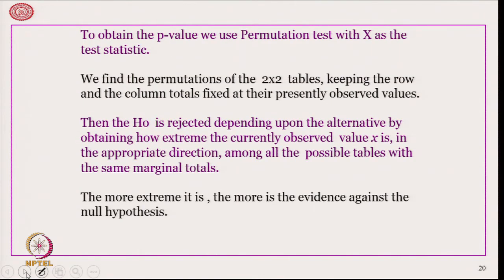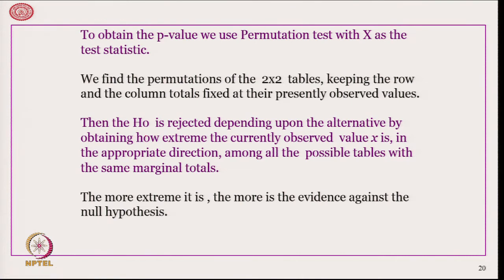To obtain the p value, we use a permutation test with x as the test statistic. We find the permutations of the 2 cross 2 tables, keeping the row and column totals fixed at their presently observed values. That means, whatever value is given to us for x plus y, that will be kept fixed, and therefore we should be able to interchange x and y observations among themselves, keeping m, n and x plus y fixed.